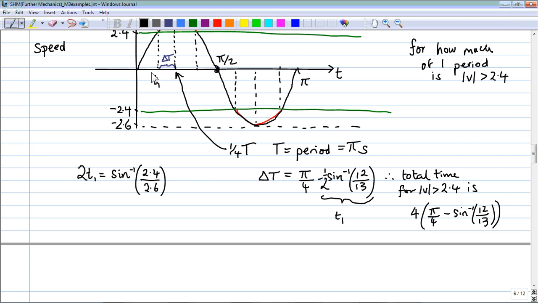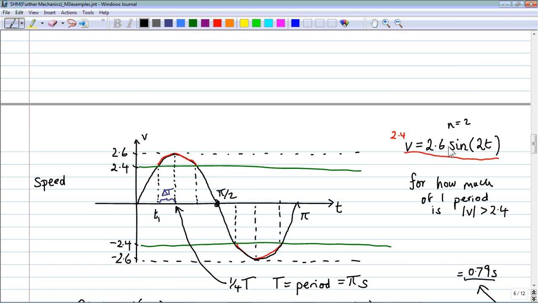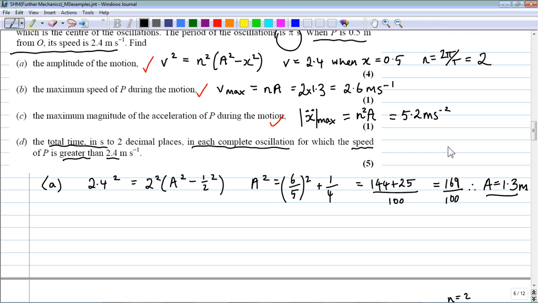So this was pi over 4 minus T1, and then we need to multiply that by 4. This is the formula here, and this gives the right answer, which is 0.79 seconds to 2 decimal places. So that's the final answer for that question, 0.79 to 2 decimal places. So that question is complete.